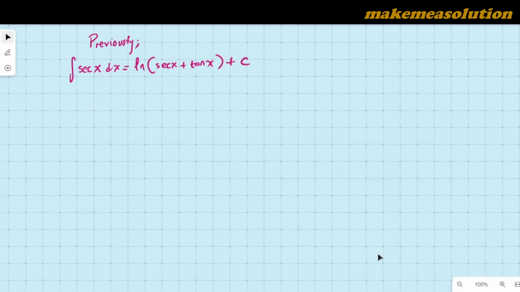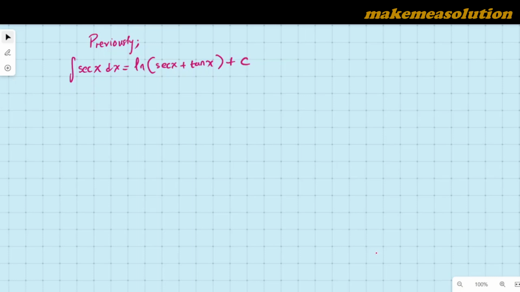Previously we obtained that the integral of sec x with respect to x is natural logarithm of sec x plus tan x plus c, but I'm not actually writing it in the exact form it's supposed to be, and that is what I want to do now.